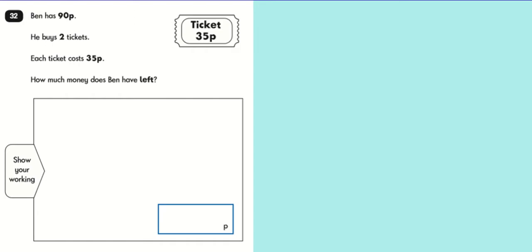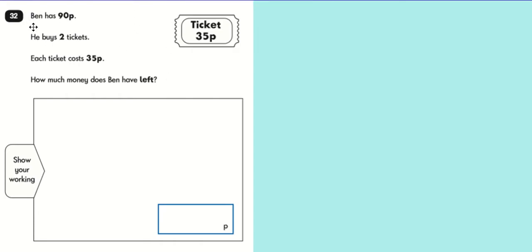So in two-step word problems, I'd be encouraging them to go back to basics and be recording their working out. It will help them to stay organised and to understand what they've got left to do before they can answer the question.